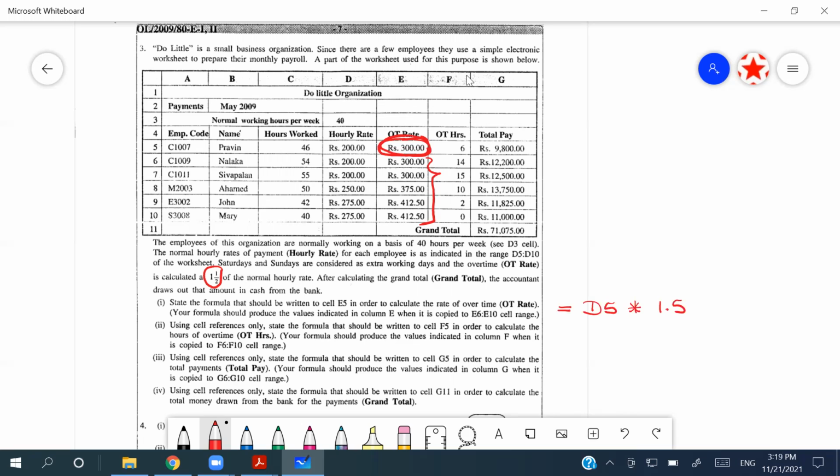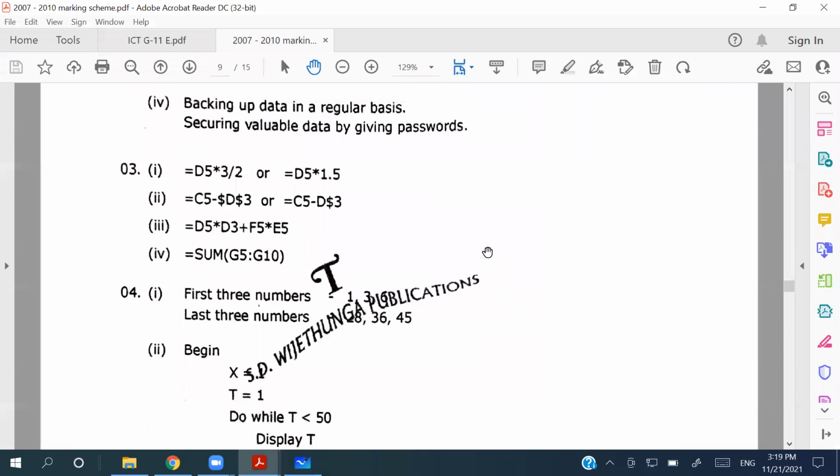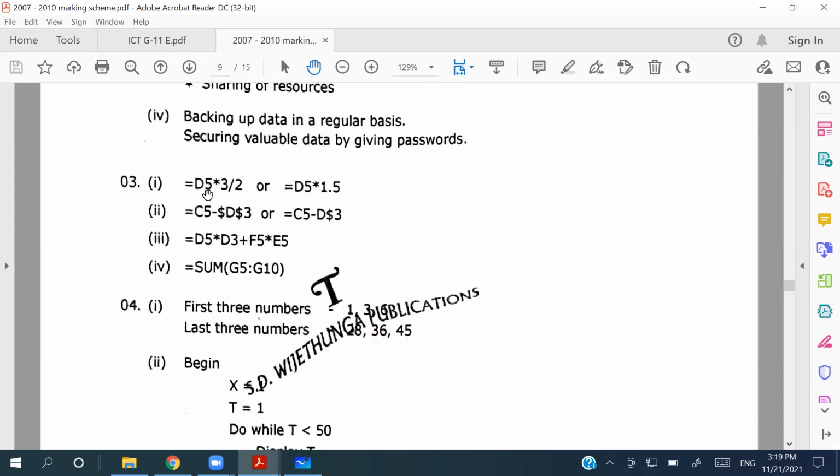That will give you the value of the OT rate in E5. So let's check with the marking scheme as well. Yeah, they have given it in two different ways: D5 into 3 divided by 2, or D5 into 1.5. So 2 marks can be given for that.